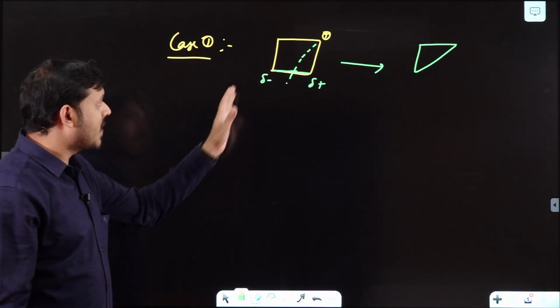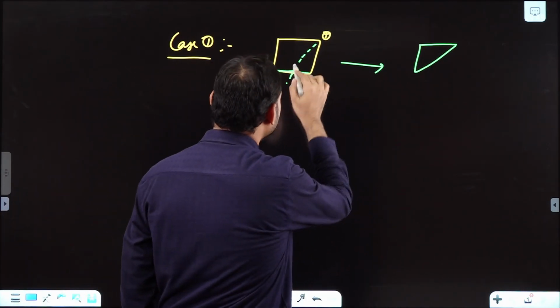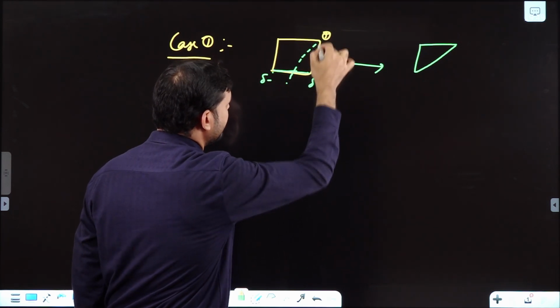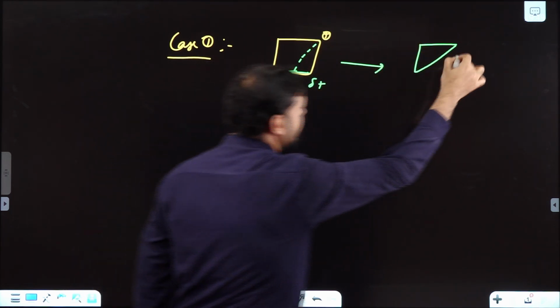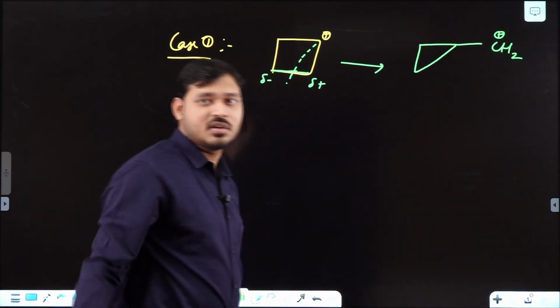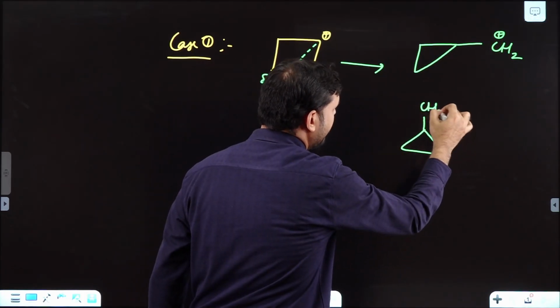Okay, now by making a 3-membered ring, what did you do? This part is broken, minus plus, it is joined. So this part is broken, and this part is having your CH2 part, CH2 plus. Now if I make it properly, it is like this, CH2 plus.